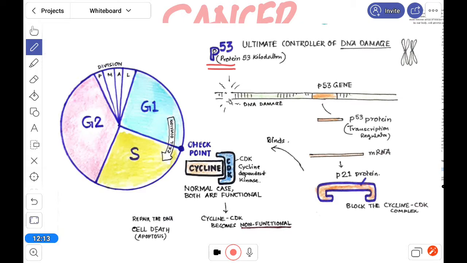Now before that, we have to know about the cell cycle. We know that in the cell cycle, DNA synthesis takes place after the G1 phase.